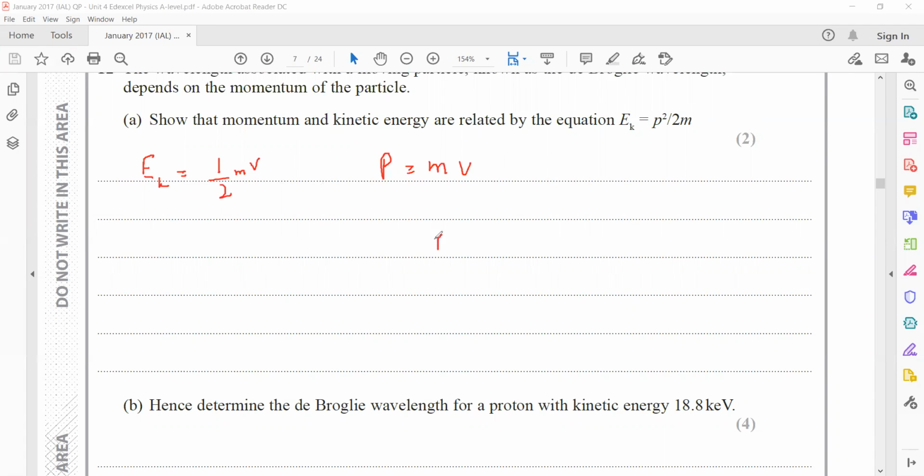If I multiply the kinetic energy formula by mass, it will be m squared v squared over 2, which is (mv) squared over 2, so Ek equals p squared over 2m. That's it. That's 2 marks.